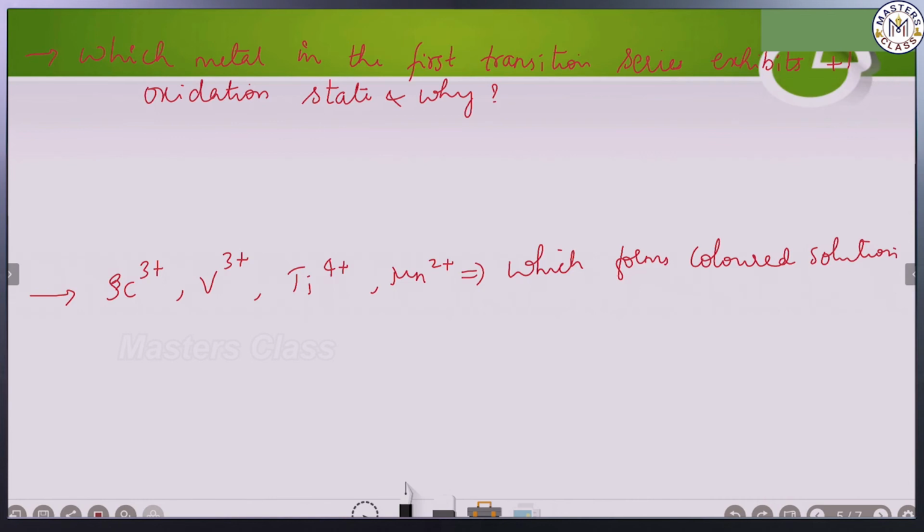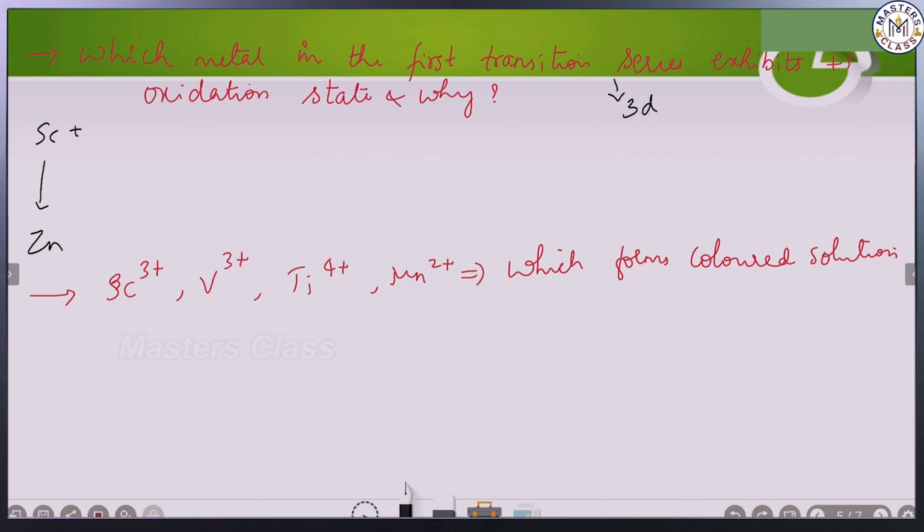Next one, which metal in the first transition series exhibits +1 oxidation state and why? So first transition series means they are talking about the 3d series. So from scandium to zinc we have to analyze here. Which atom exhibits +1 oxidation state?